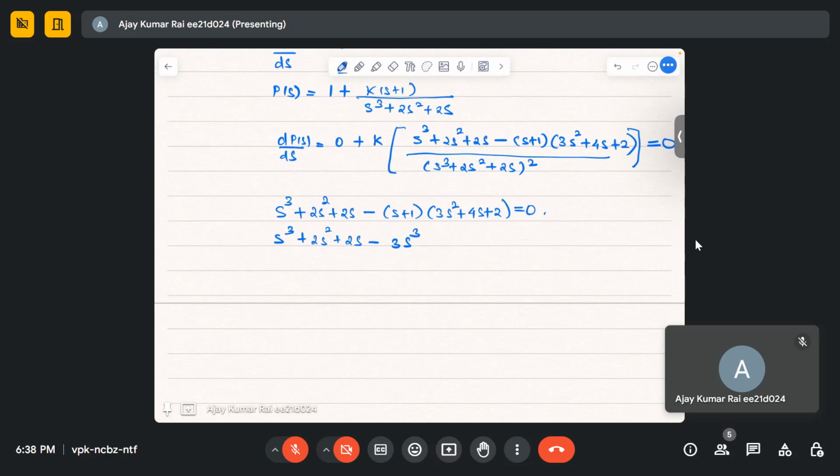Three s cube minus, sorry, minus 2s, minus 3s square minus 4s minus 2 equal to 0. These are the cubic terms, so minus 2s cube. Let me take the square terms.